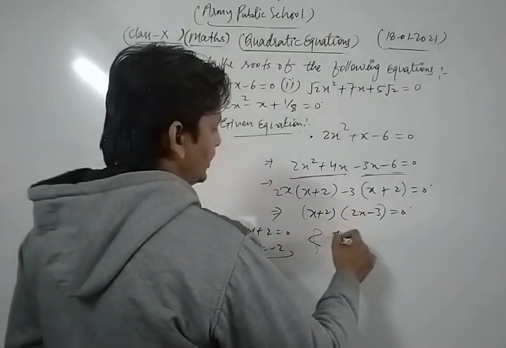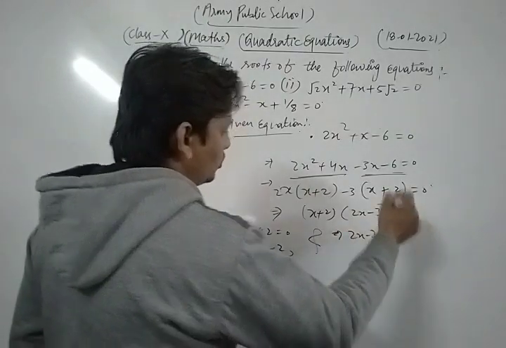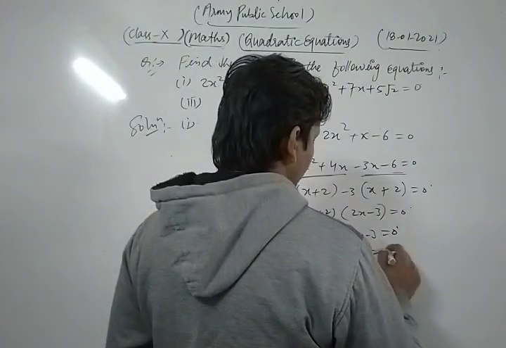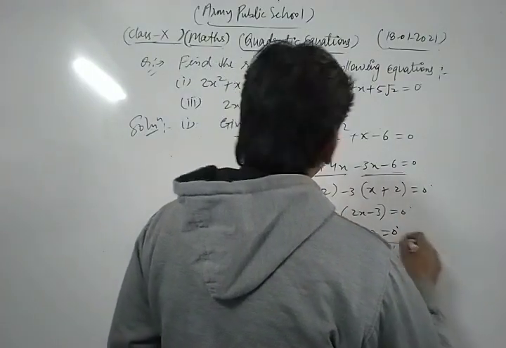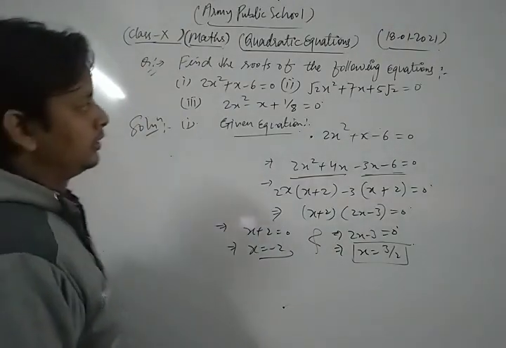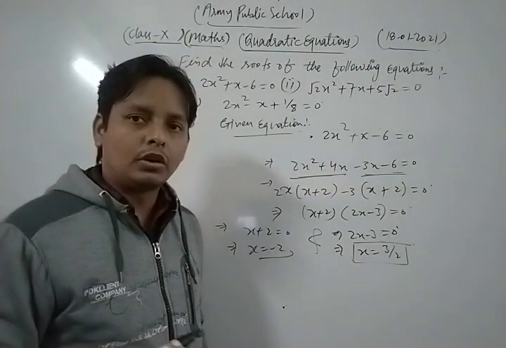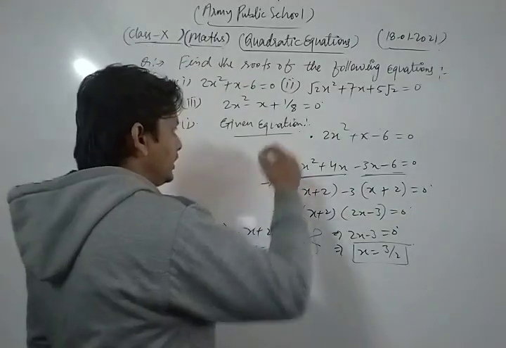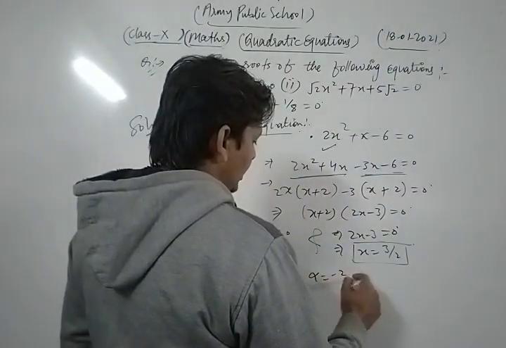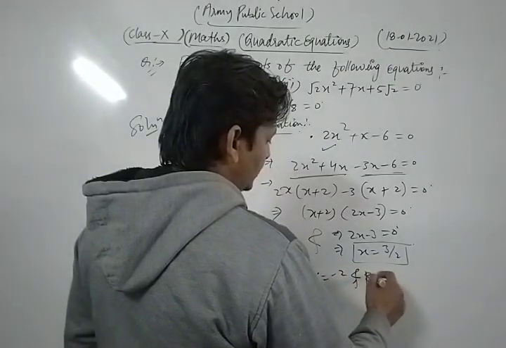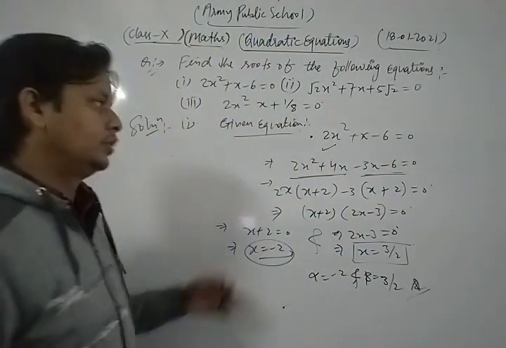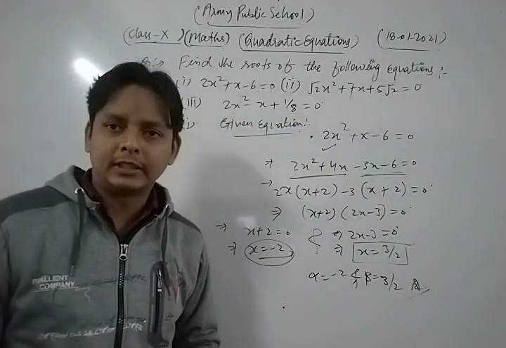And when we take 2x − 3 = 0, the value of x is 3/2. Thus the required roots of the given quadratic equation are −2, this is alpha, and another is beta, which is 3/2. This is the required solution. So this is the method, dear students, to solve that type of question.